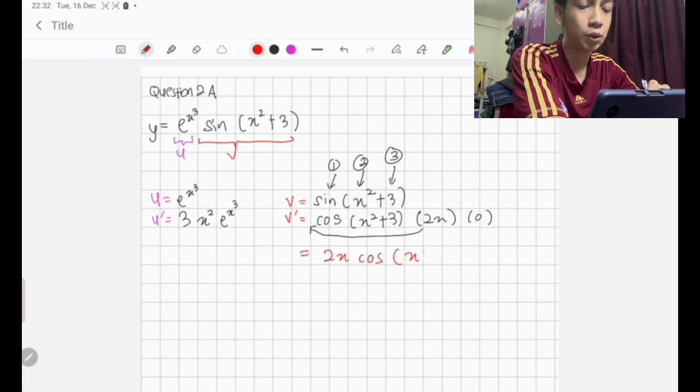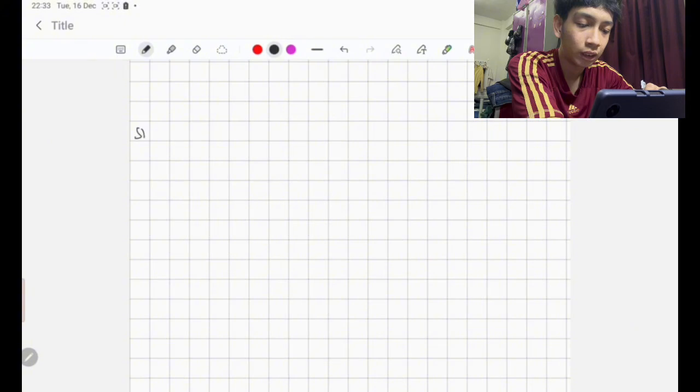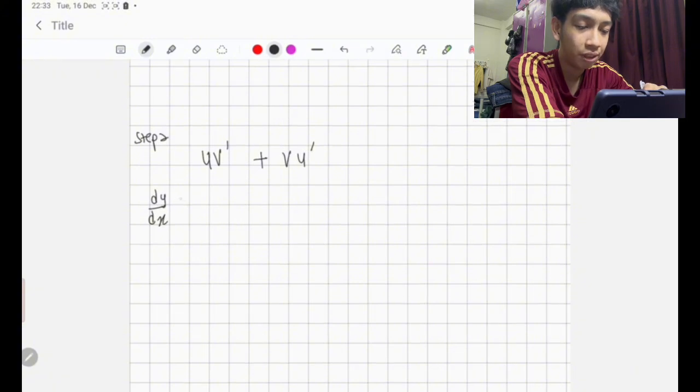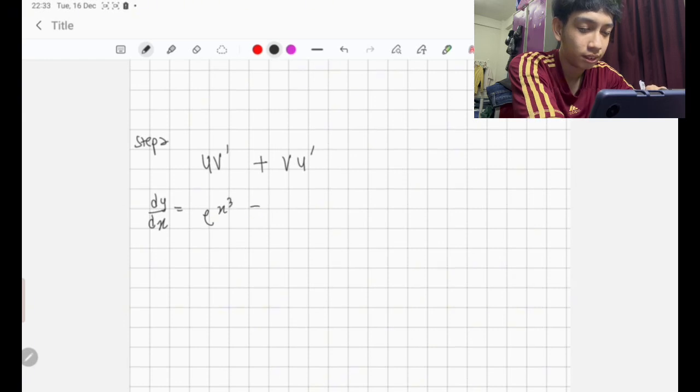Let's move to step 2. As usual, the product rule is u v prime plus v u prime. So we just substitute into the product rule: the u multiplied with the v prime, plus the v multiplied with the u prime.